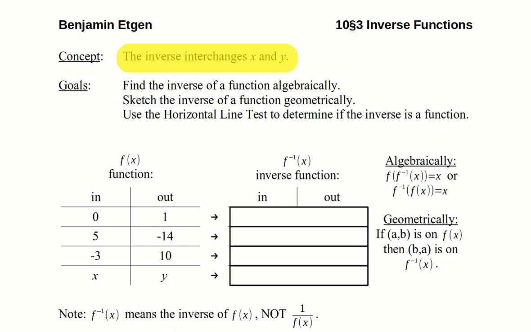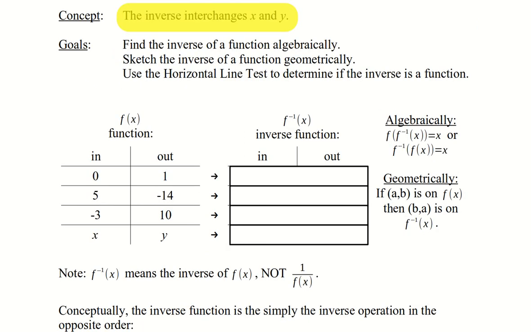Notice I haven't told you anything about these two functions, just that we've got a function and its inverse. This first rule is simply making an input into an output. For example, it looks like this function f makes 0 into 1. If we put 0 into this function, out comes 1. 0 is the input, 1 is the output.